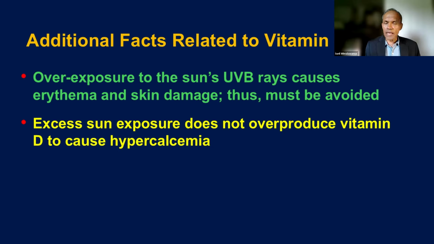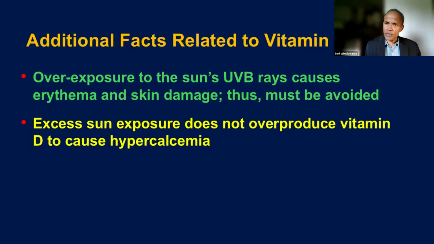Similarly, in the sun it's always advisable to use a brimmed hat so that the eyes are protected, as well as wearing sunglasses. On the other hand, excess exposure to the sun will almost never produce excess vitamin D that causes hypercalcemia.